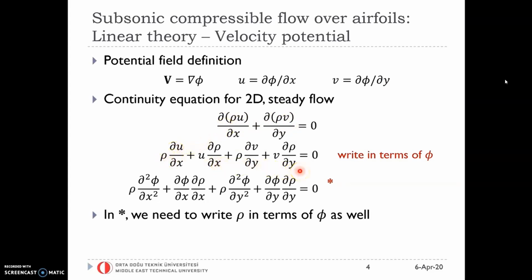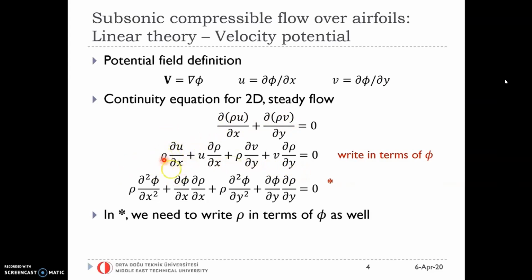My aim now is to write all of these terms in terms of velocity potential, because as I mentioned earlier, my aim is to have one equation that is a combination of all conservation equations, and I will try to do it by including just one term to be solved, the velocity potential.